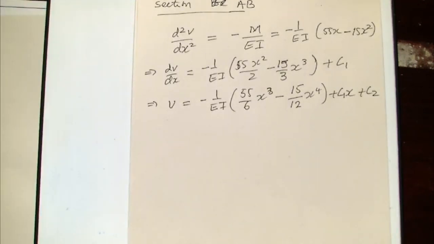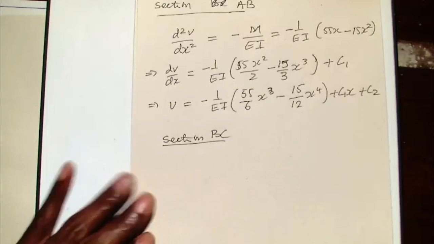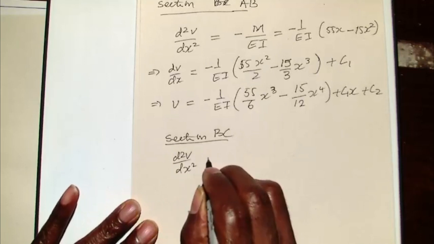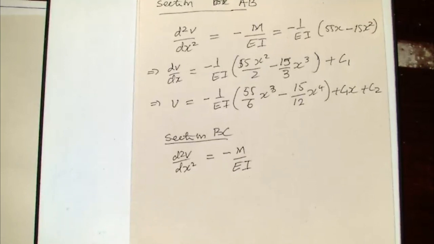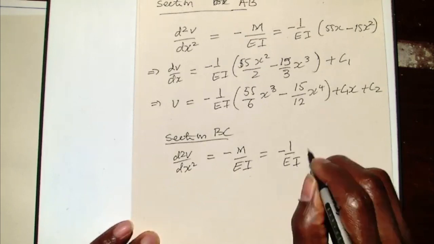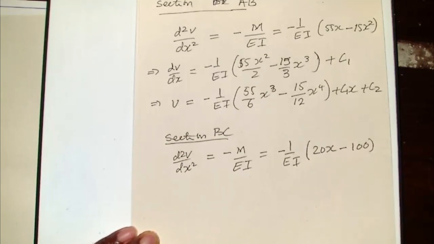So we go again and look at the second part, section BC. We'll say d2v/dx squared equals minus M over EI. I will put the expression for the bending moment for that section, which we stated a few minutes ago: minus 1 over EI times 20x minus 100. We do the first integration and the second one as well.